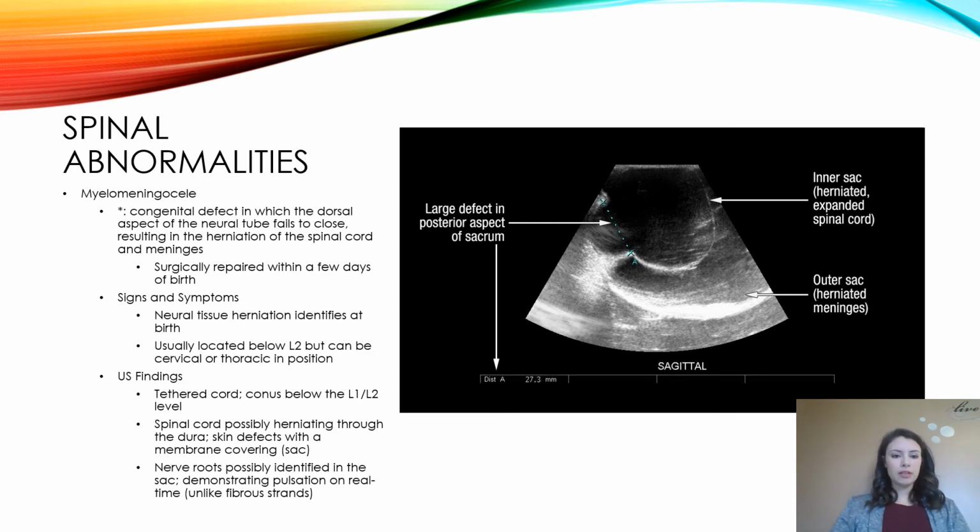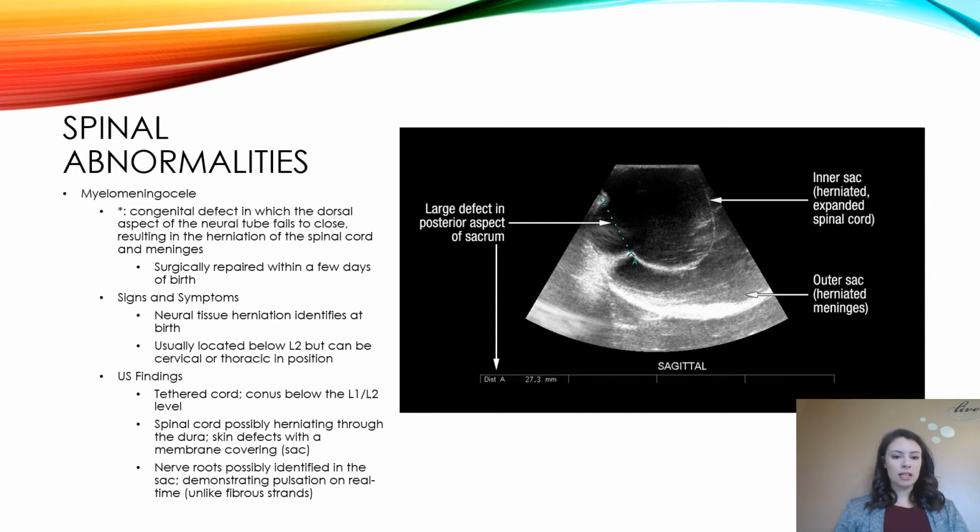Some clinical signs and symptoms: there's neural tissue herniation that is identified at birth. So it's like a big mess on the spine that's visible. And this is usually located below L12, but can be cervical or thoracic in position.